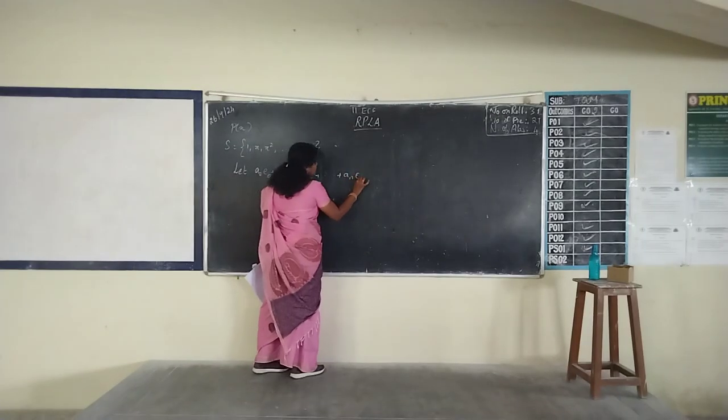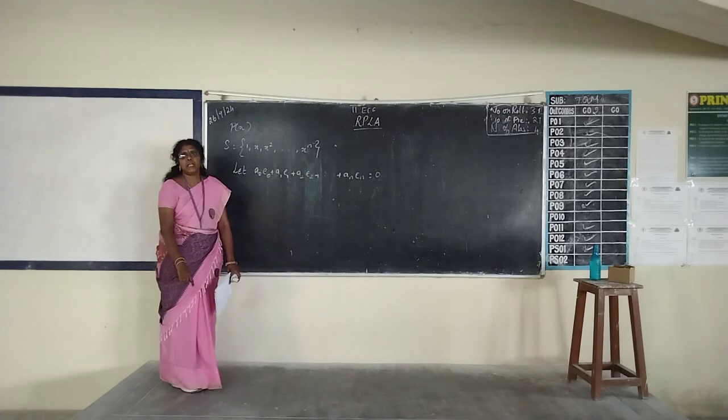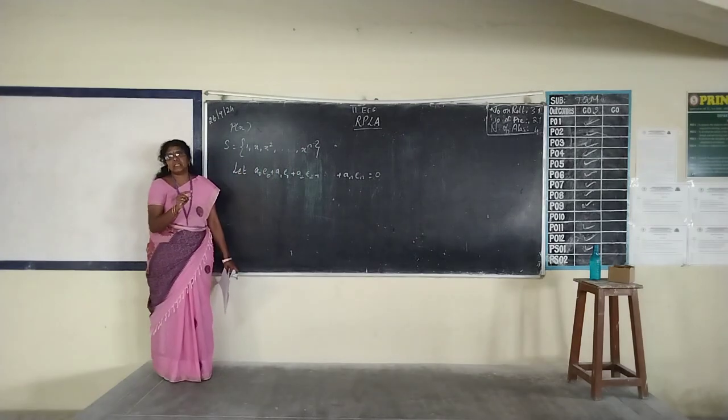Let the independence condition equation be A0 E0 plus A1 E1 plus A2 E2 plus etc. plus AN EN equal to 0. Here E0, E1, E2, etc. represent the elements in the given set.